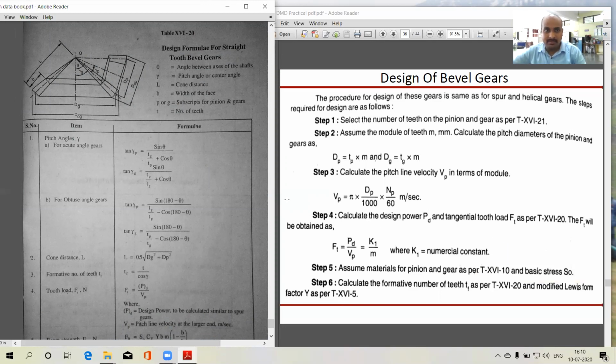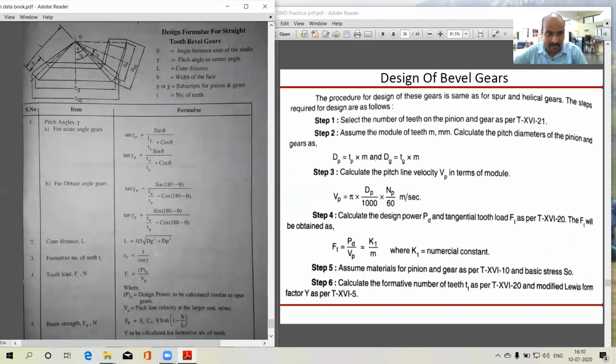Now if you see the table where tooth load is FT, the formula to calculate the tooth load is given: FT equals PD upon VP. Now we know the design power PD is calculated from rated power into load factor, as discussed in the earlier gears. Now VP is in the form of module and PD has some value. So FT will be in the form of module in the denominator.